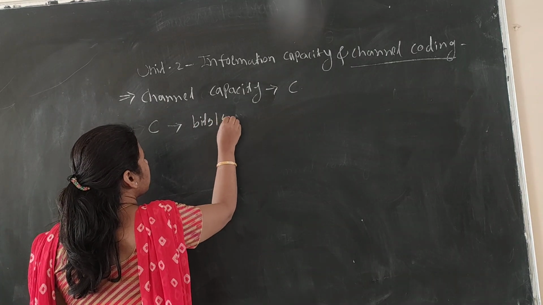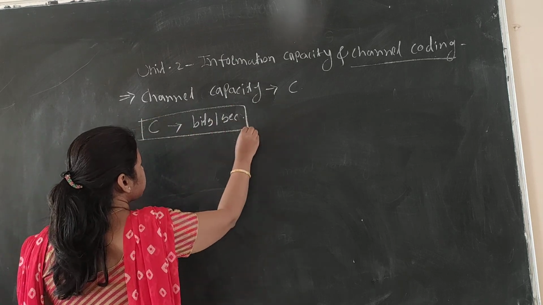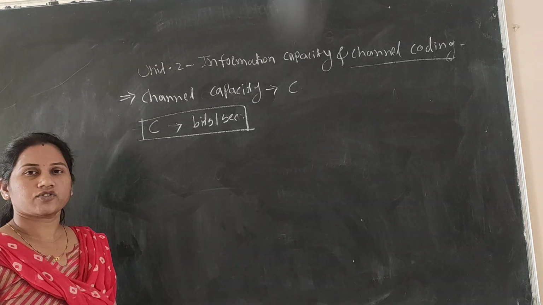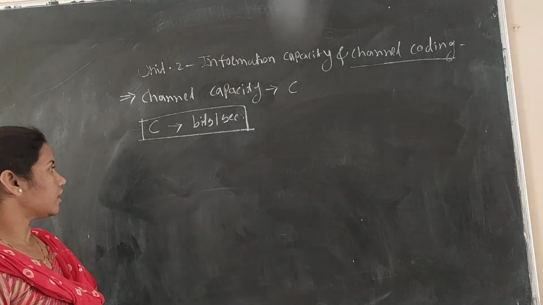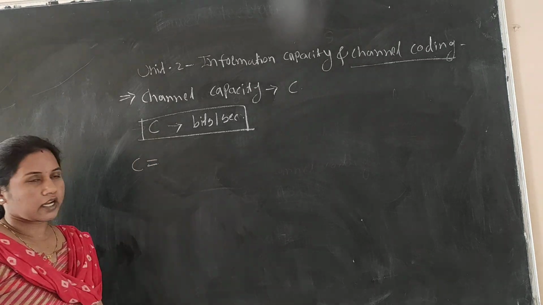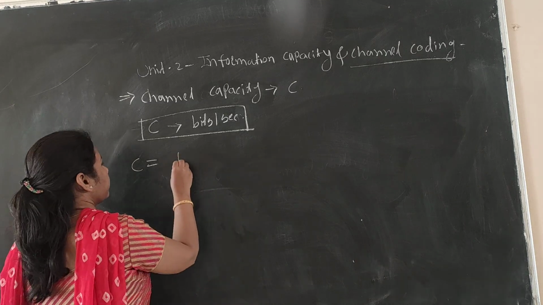How can we define or calculate the channel capacity of any channel in the transmission media or in the communication system? So, we have to derive the expression for the channel capacity. For that, we require mutual information.